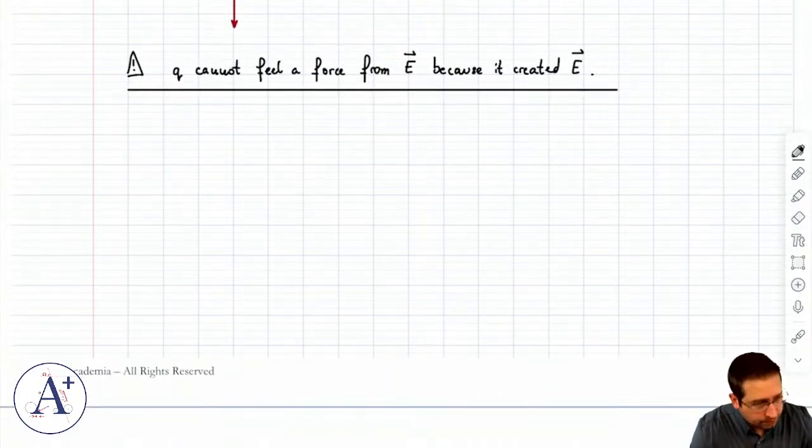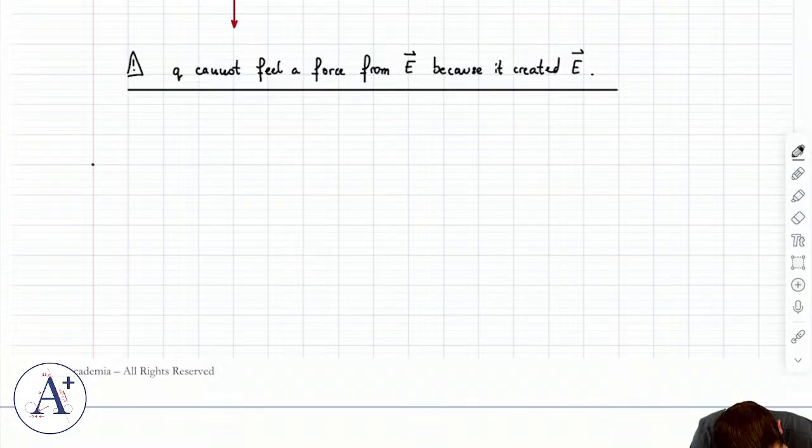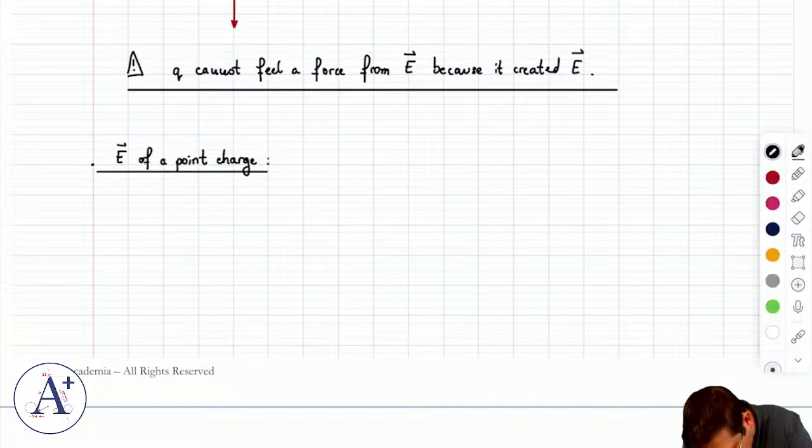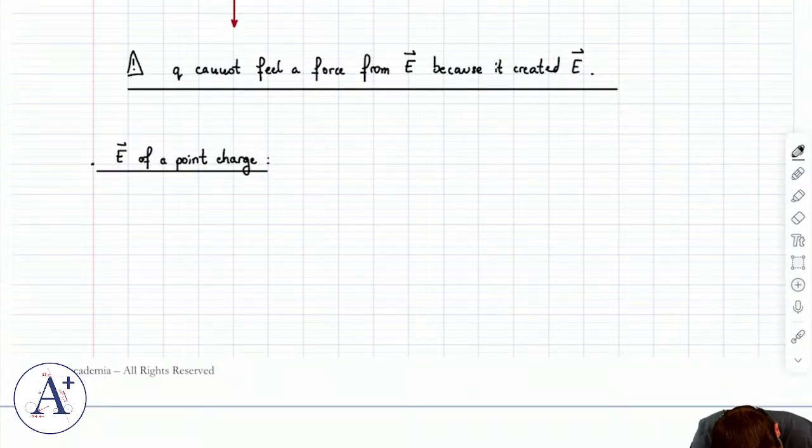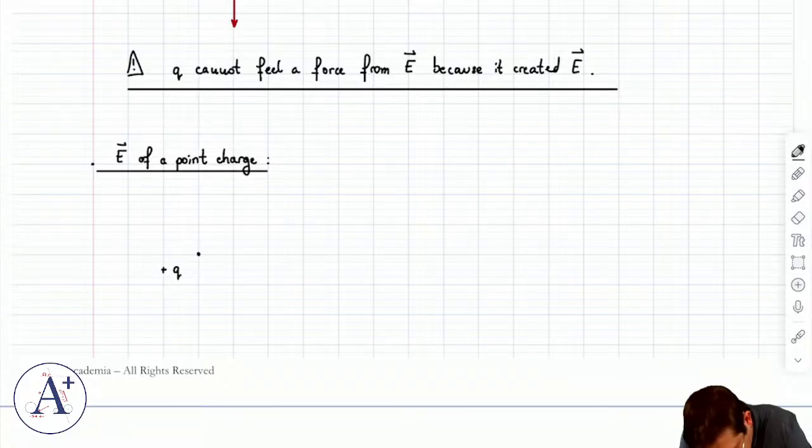All right, so let's look at the electric field E of a point charge, which in a sense we've already looked at, right? But here we're going to give the formula for the electric field. Now I'll use plus Q just as an example. But what I'm about to write will work even if it's minus Q instead.